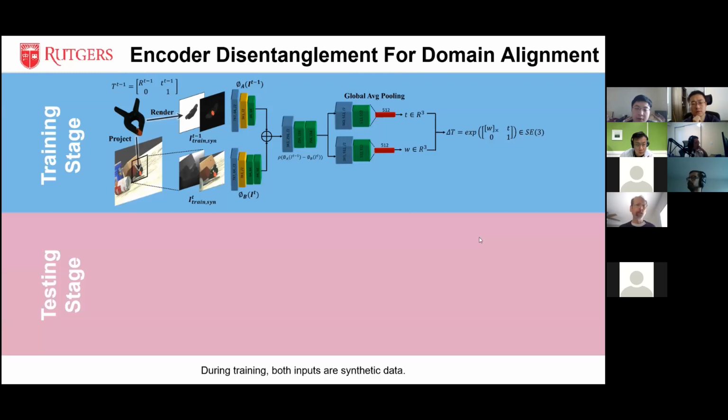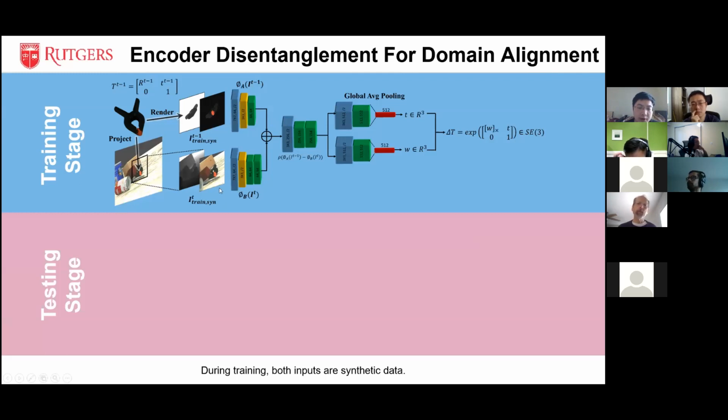Since our work is only using the synthetic data for training, there are some key differences between the training stage and testing stage. So here is the training stage. We can see that the branch A takes the rendered image data, and here we should note that the rendered image does not have any background. It's purely the object.